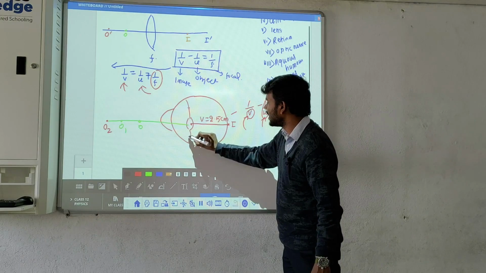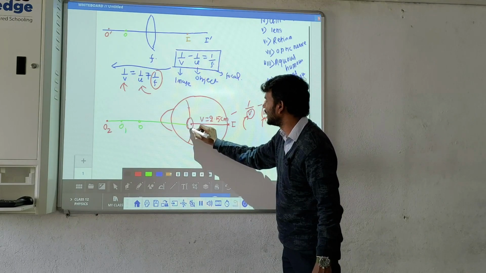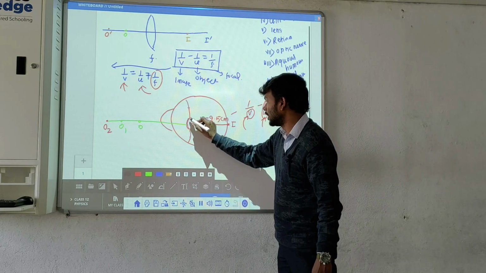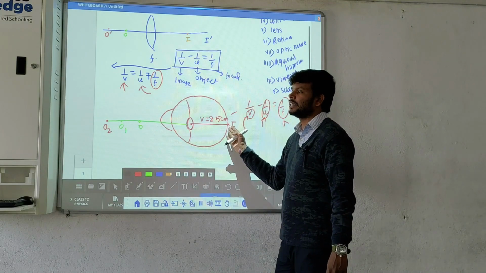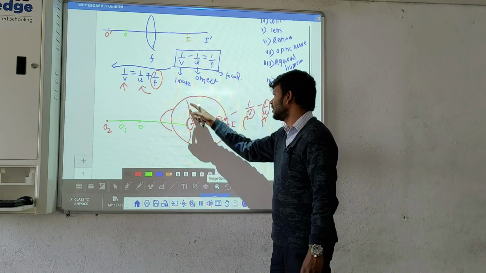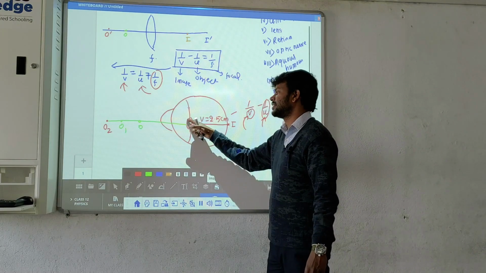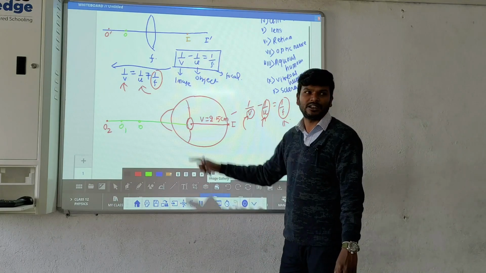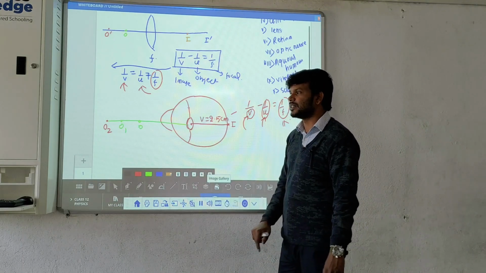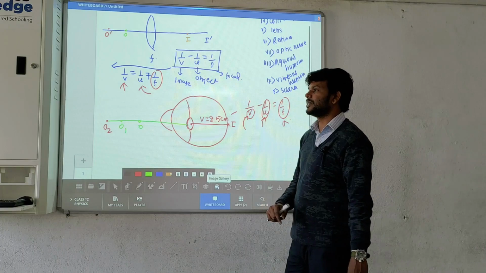Ciliary muscles help in adjusting the focal length, so whatever is the position of the object, the image is always formed at the retina. This is only possible because we are changing the focal length of this crystalline lens, adjusted with the help of the ciliary muscles. So this is the function of the ciliary muscles.